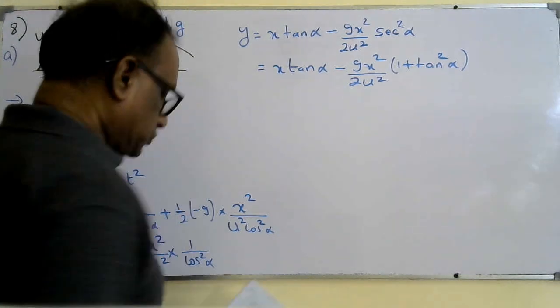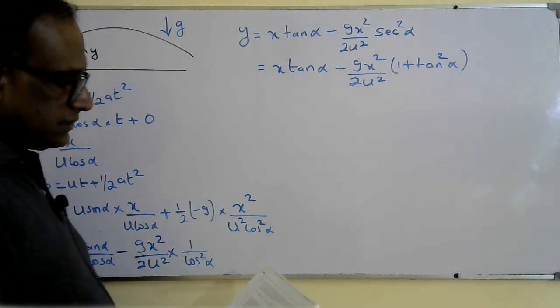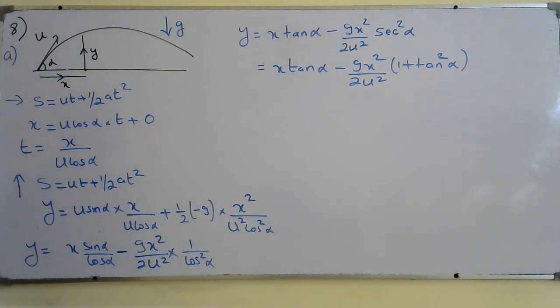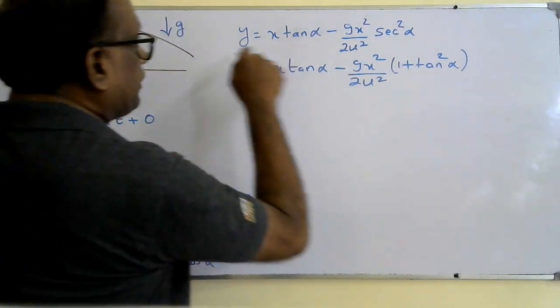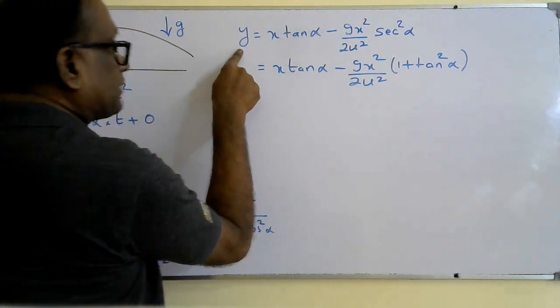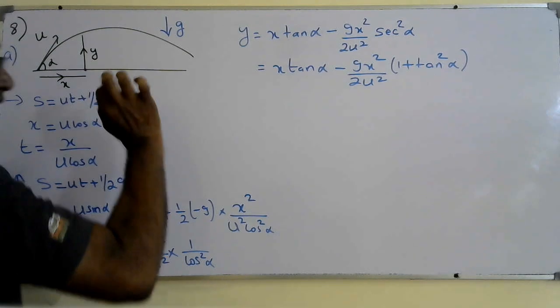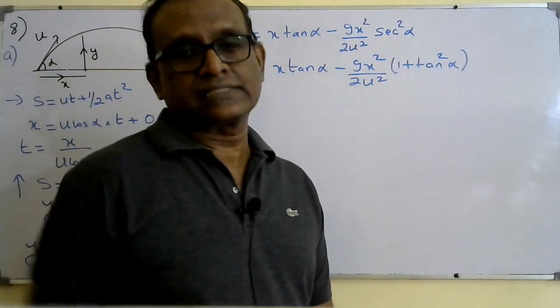This is the thing they asked to show. Yes, we got the answer. Remember that in this derivation, we took the vertical displacement y and the vertical component of initial velocity in the same direction, which is upwards.